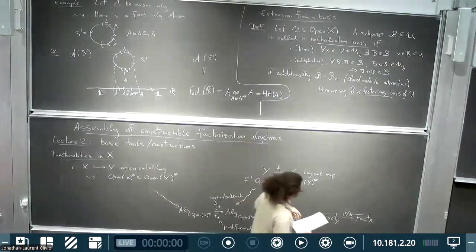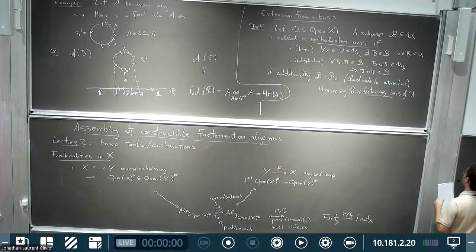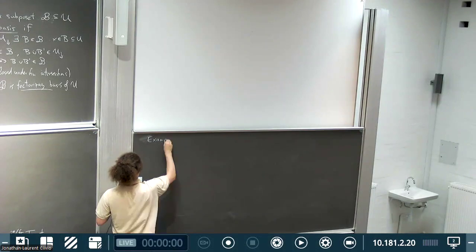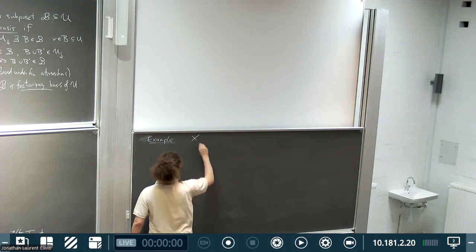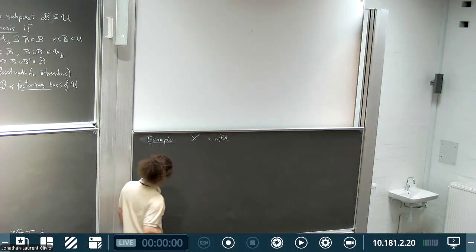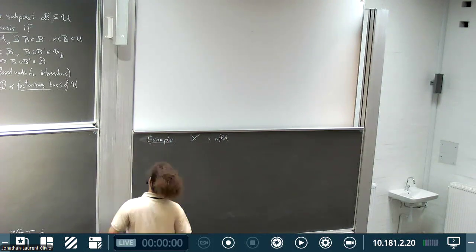And let me give you the key example to keep in mind that will be very relevant starting from the next talk, but I want to already show it here. So assume that X is some sort of manifold. Later we'll be looking at stratified manifolds too, but for now let's just think of ordinary manifolds.